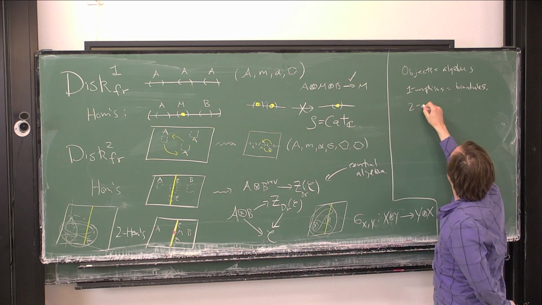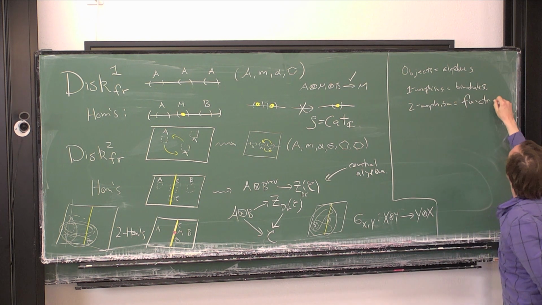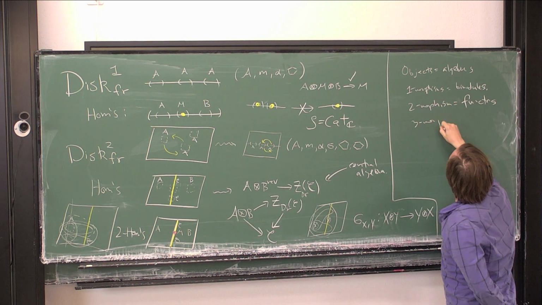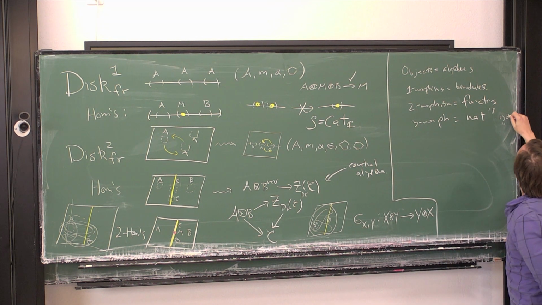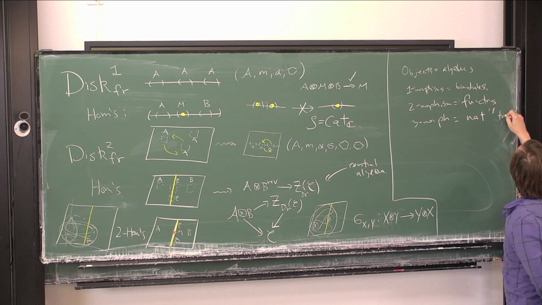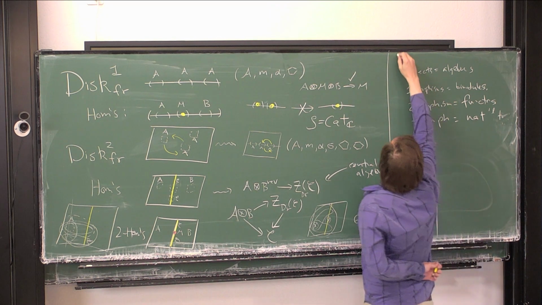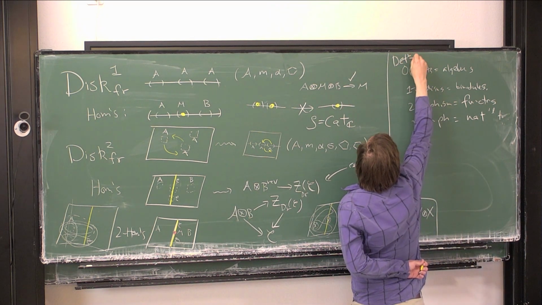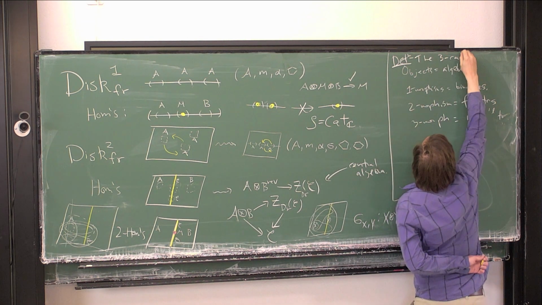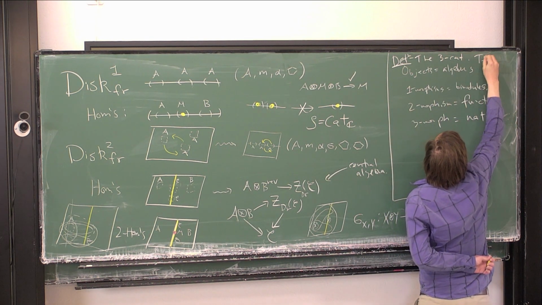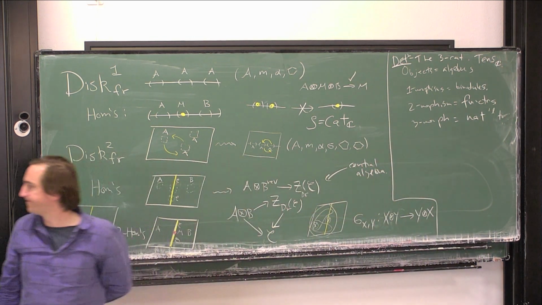So two morphisms are functors, and three morphisms are natural transformations. And this thing is the definition of the three category of tensor categories.